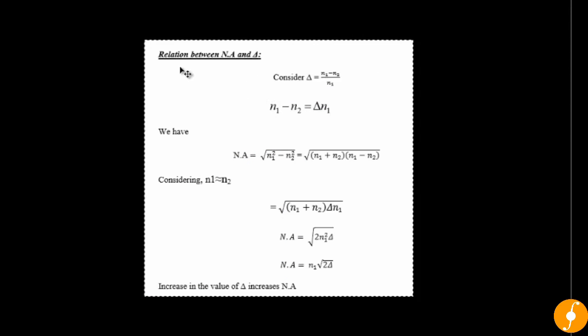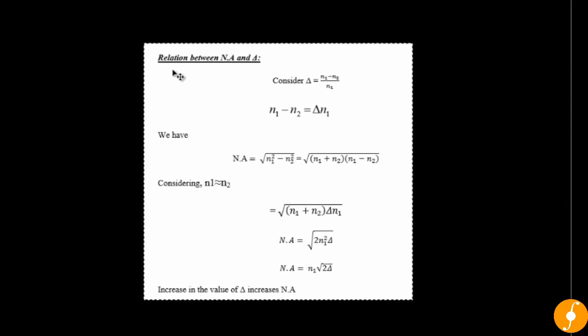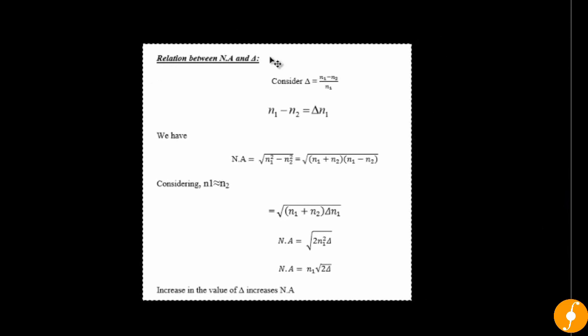The next thing is the relation between numerical aperture and fractional refractive index. This is the formula for fractional refractive index: delta is equal to n1 minus n2 divided by n1, and we can cross multiply it to get this equation.